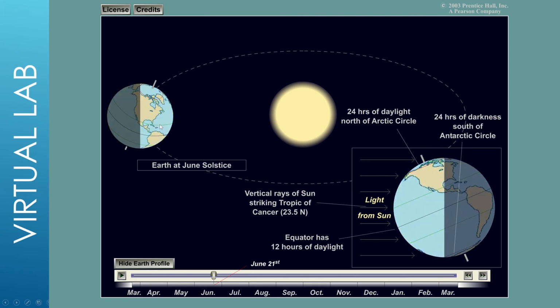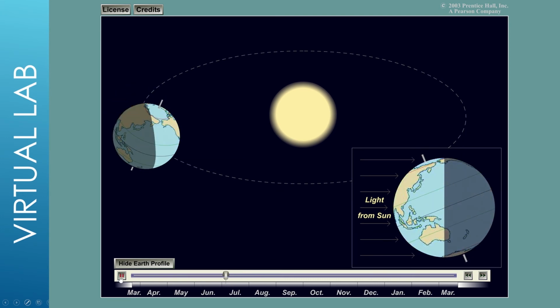So this is where the vertical rays are going to be striking the Tropic of Cancer most directly. And so the equator is still going to have about 12 hours a day. And so this is going to be summer in the northern hemisphere and winter in the southern hemisphere, because you see how the light isn't hitting the southern hemisphere as directly.